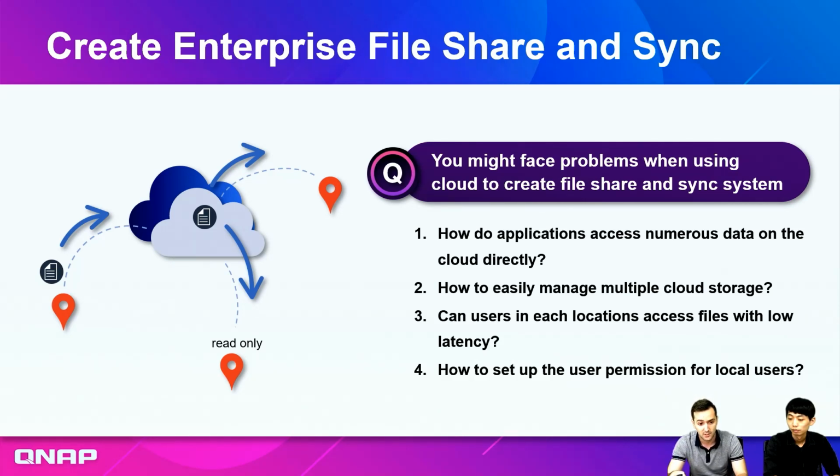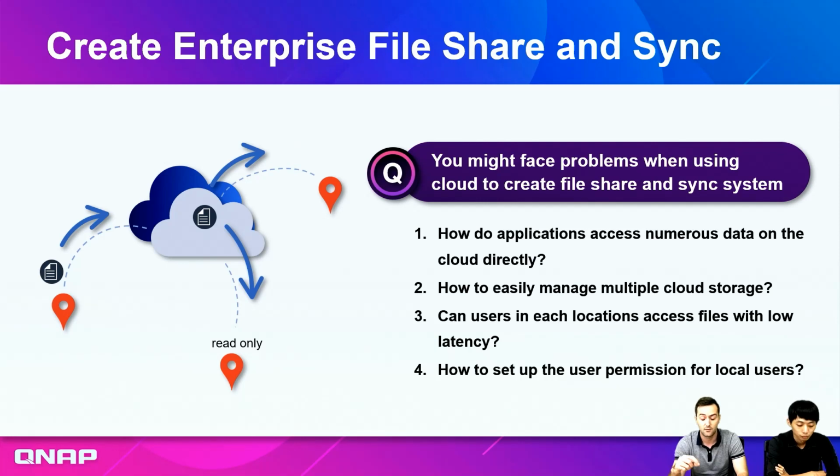as we see here on the left-hand side, and how to easily manage all these multiple cloud storages, and how can users in each location access the files with low latency? Latency is a very important part when accessing files, especially when we are talking about file-based cloud services.